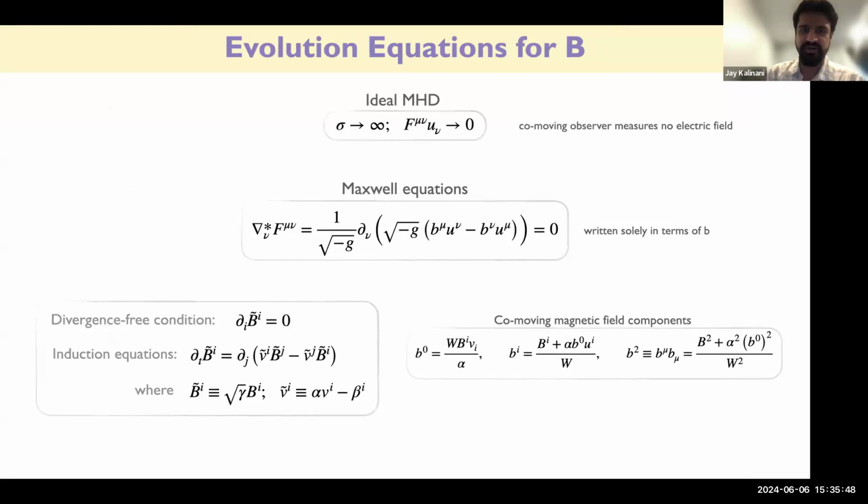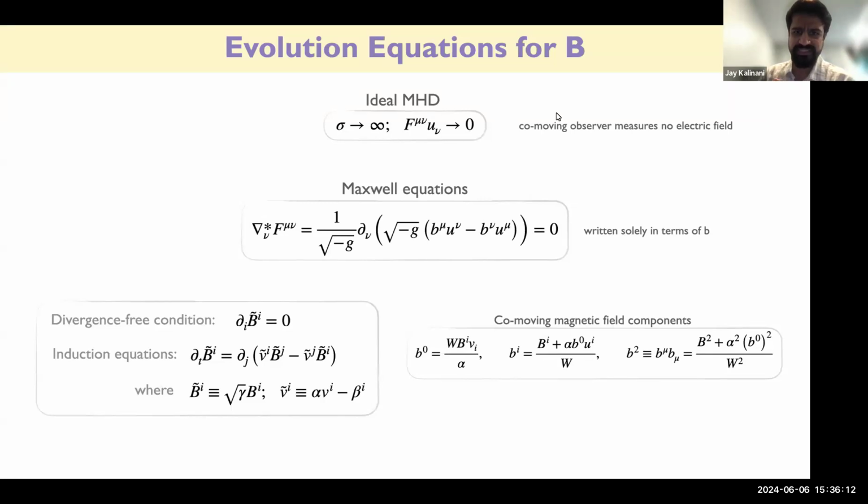And typically, most GRMHD codes work under the assumption of ideal MHD, which essentially considers a perfectly conducting fluid, and also assumes that the co-moving observer in this case measures no electric field.